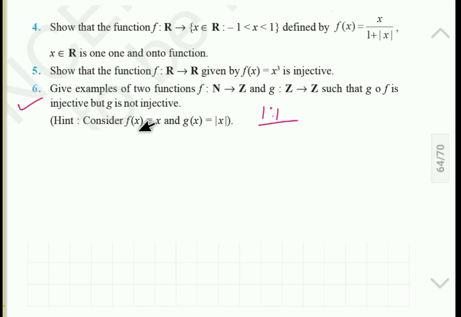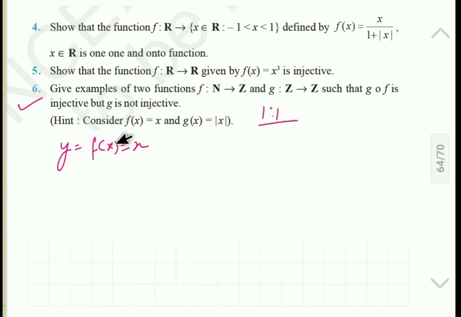So the first function is y is equal to x, that is f(x) is equal to x, right?